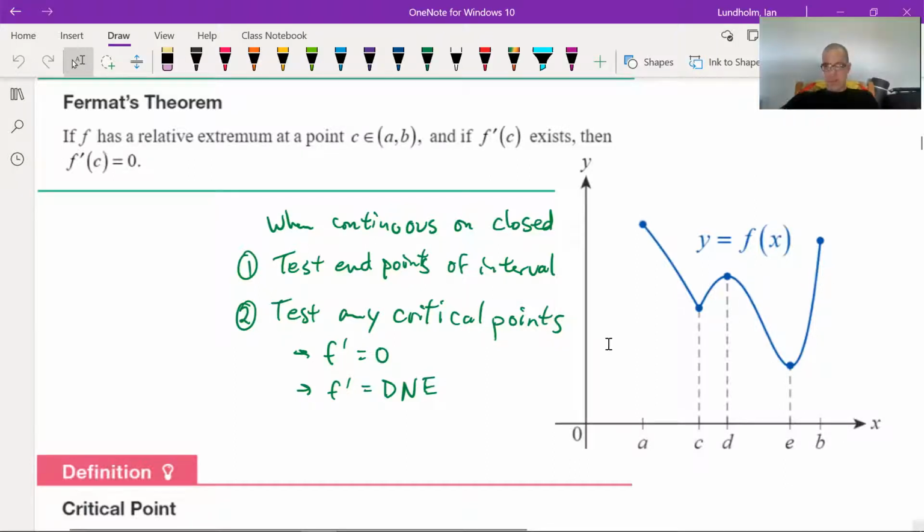Doing that, we will be guaranteed to find our maximums and minimums.